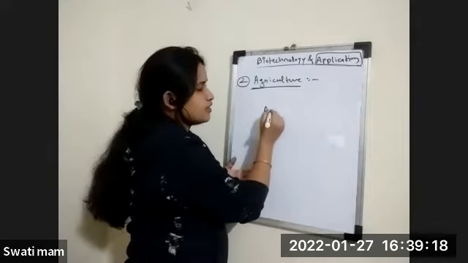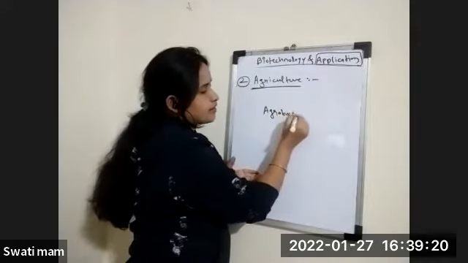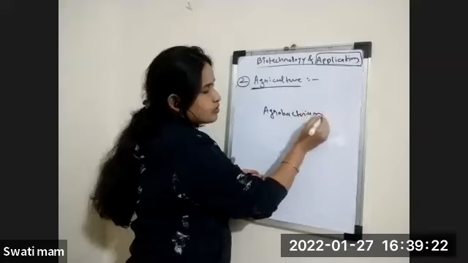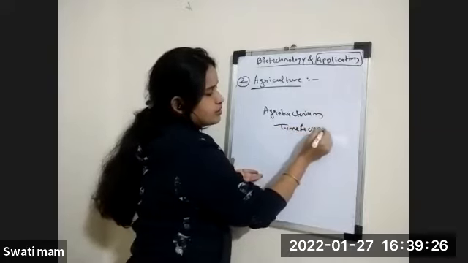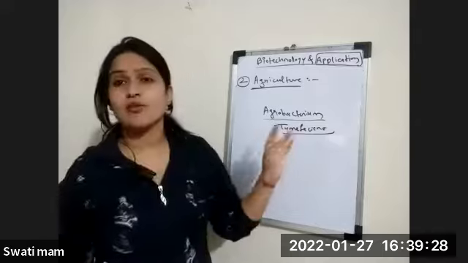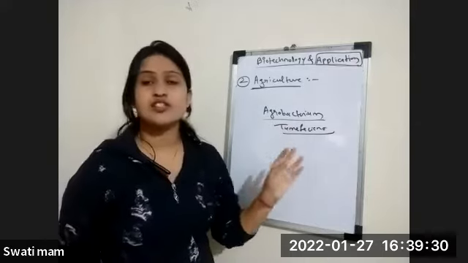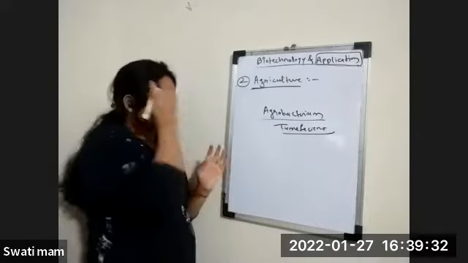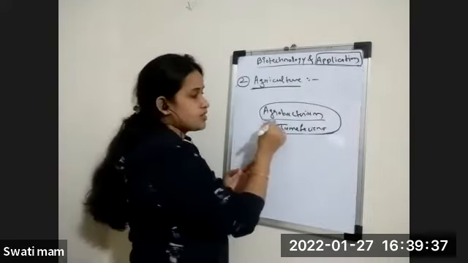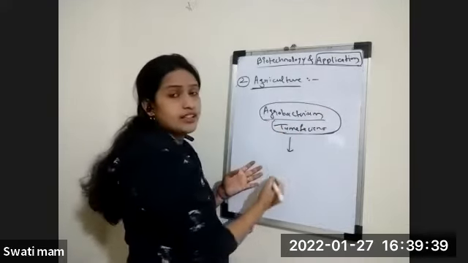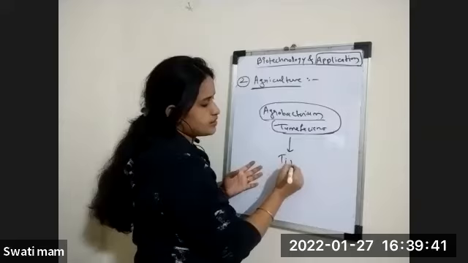That is nothing but Agrobacterium tumefaciens. It is the soil-growing bacterium. From this bacterium, we are getting one plasmid, and that is called the Ti plasmid.